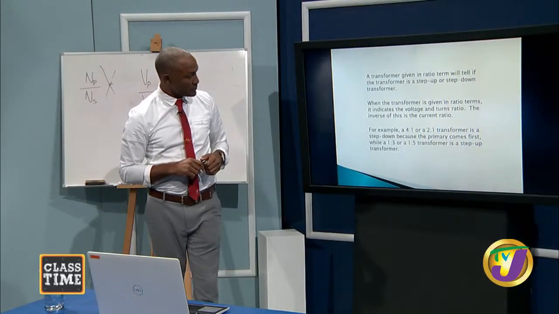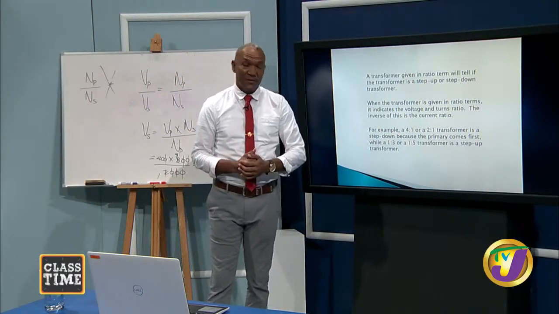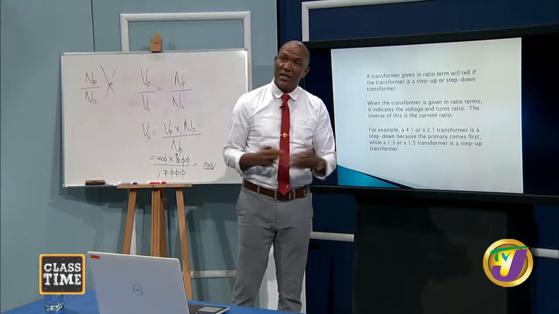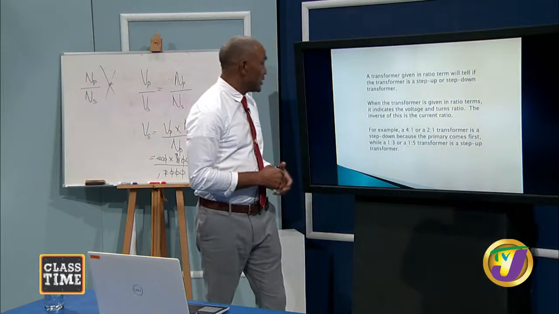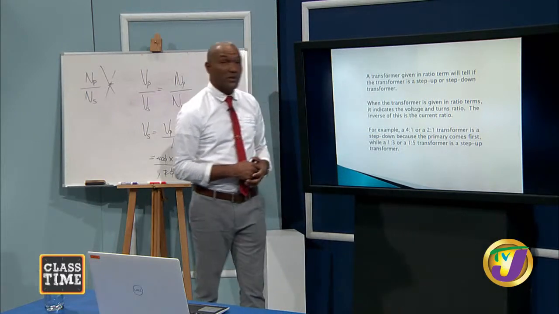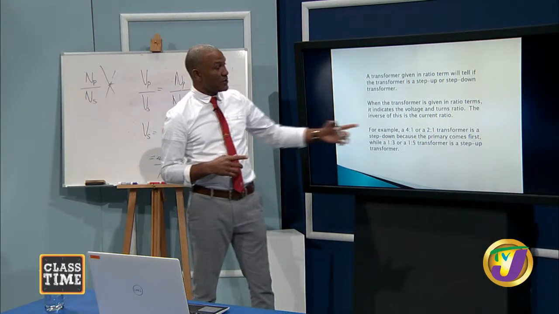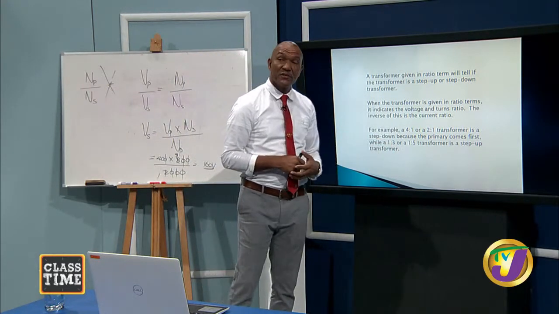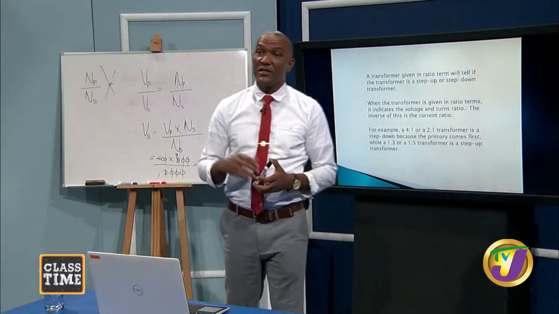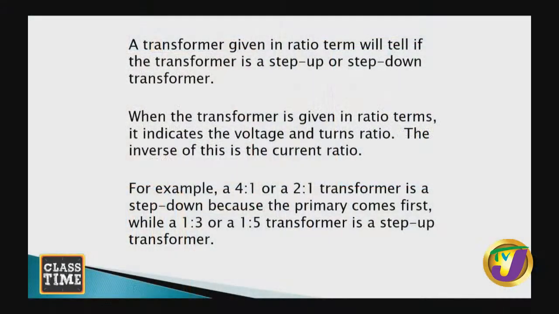For example, a 4-to-1 transformer or a 2-to-1 transformer, and I could say a 3-to-2 transformer or a 5-to-2 transformer, is a step-down transformer because what? The primary comes first. Whilst a 1-to-3 or a 1-to-5 or a 1-to-4 would be a step up transformer. This tells you that the voltage on your primary is 4 times bigger than the voltage on your secondary, and the number of turns on the primary is 4 times the number of turns on your secondary.